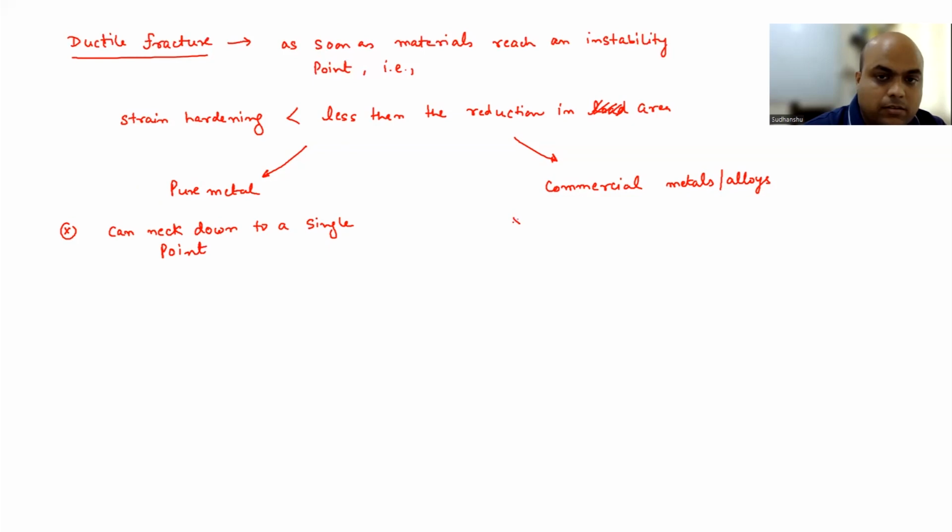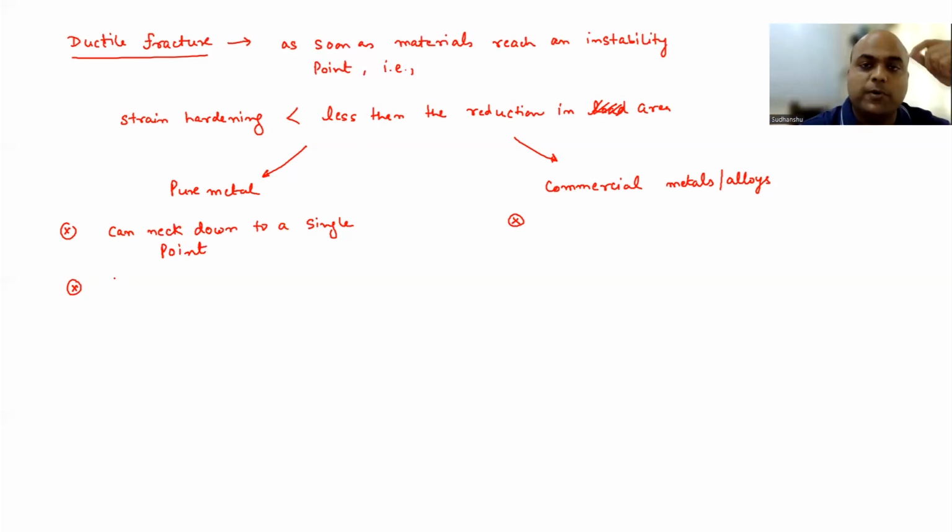Okay. And you're going to have very large local strain, because as soon as necking happens, you are doing tensile testing, right? So all the strains are going to be localized in the neck region. And remember, this is rupture, right? So you are going to come to a point.